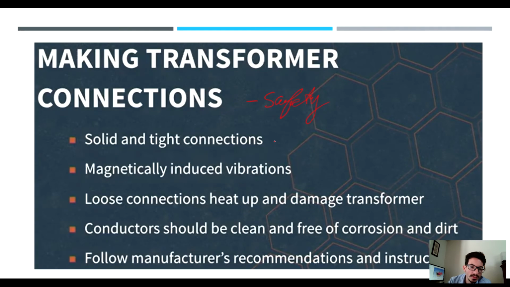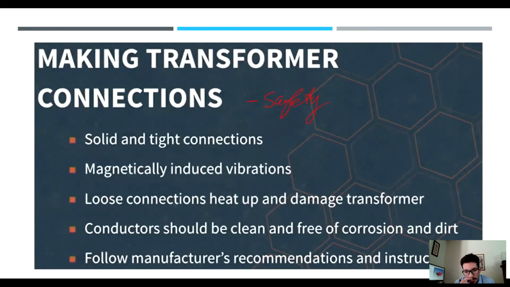Another key factor in making sure the transformer has the right connections, the right size gauge wire, the right size endings, soldered or clamped correctly, is the vibrations induced by the magnetic fields.